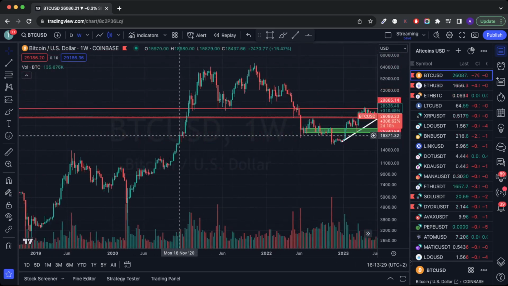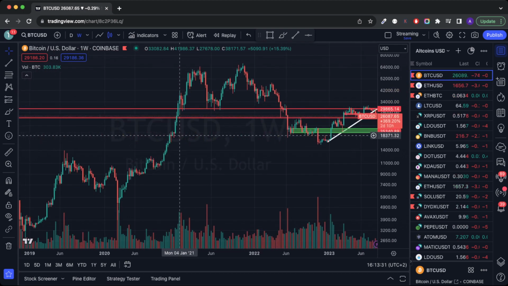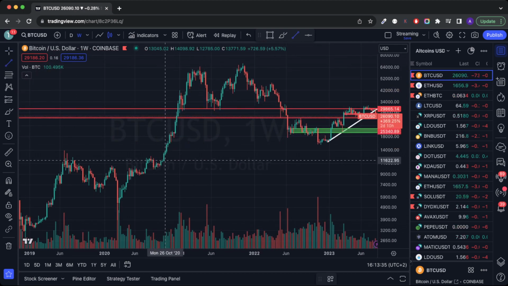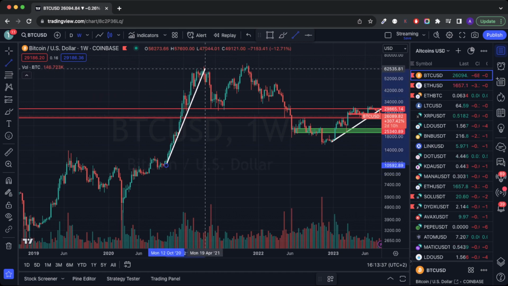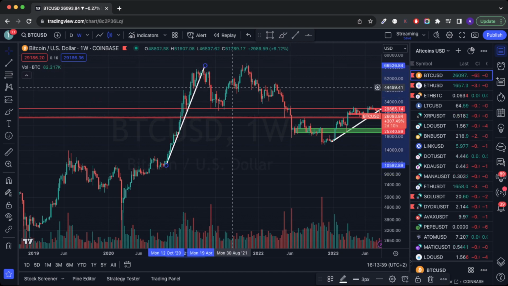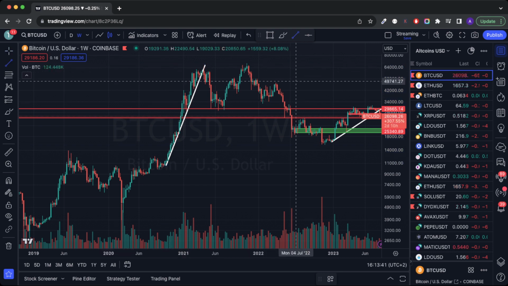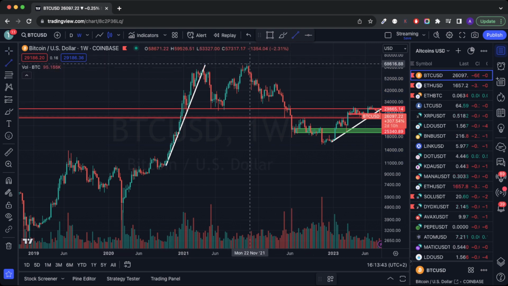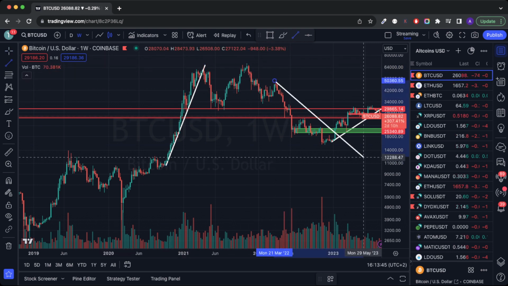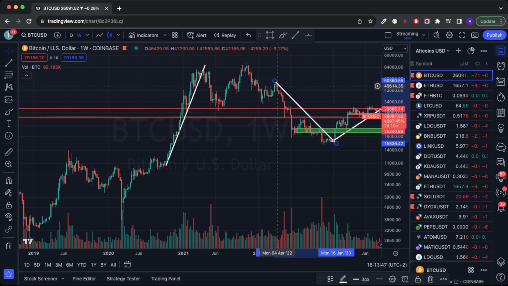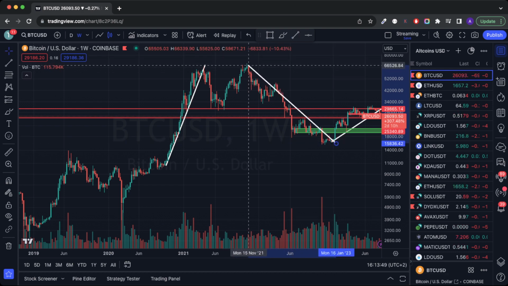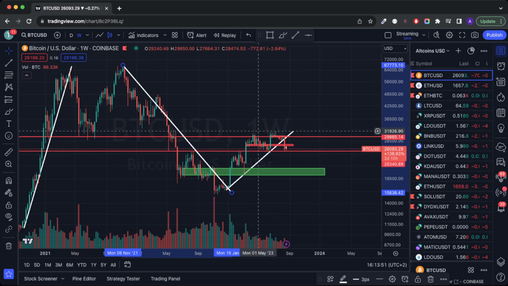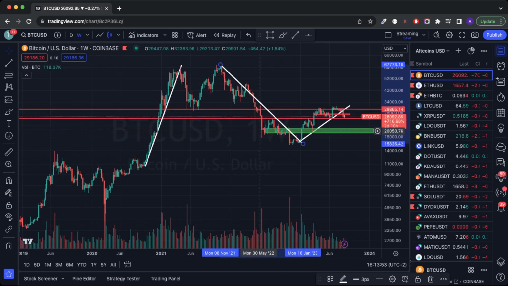So I just want to go a little bit back into the past, just draw a couple of trend lines just to see how good this actually works. Obviously, there is some bias there and some hindsight, but still, in general, you can use this type of trend lines to define the trend reversals.